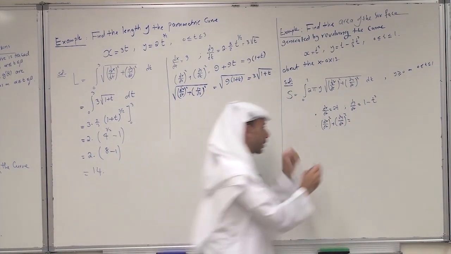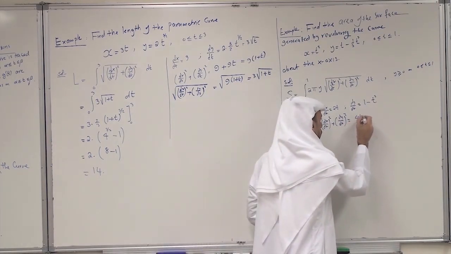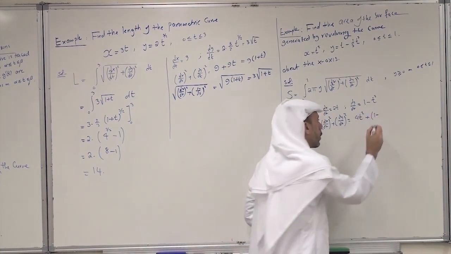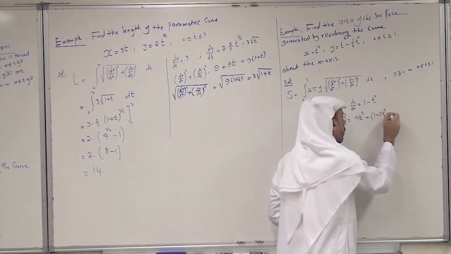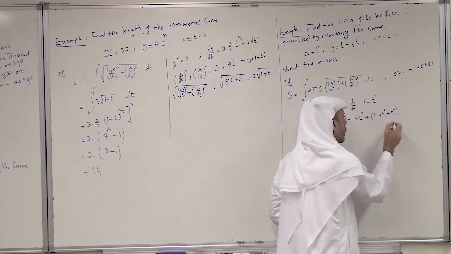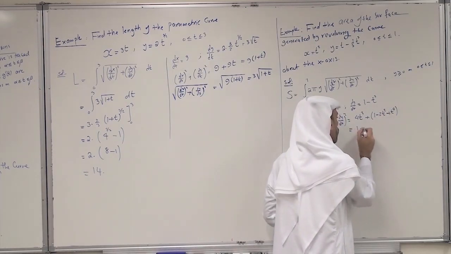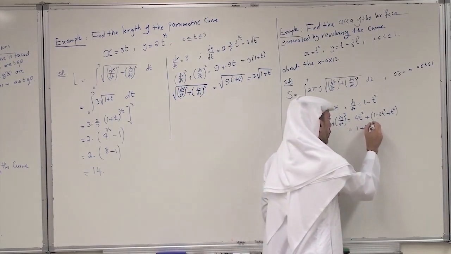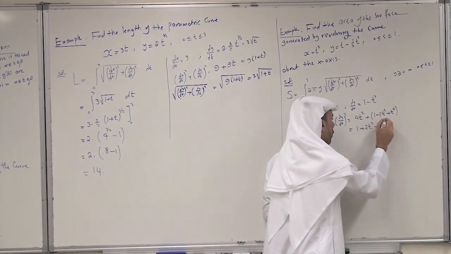The first, we get 4t squared, plus the second one, this is 1 minus 2t squared plus t to the power 4. When you add them, you get 1 plus (4 minus 2) t squared plus t to the power 4.